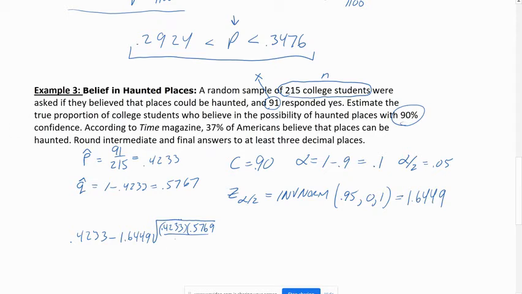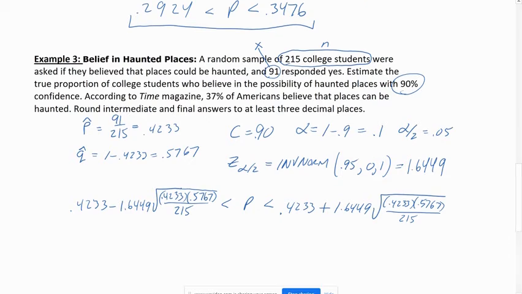N in this case was 215. And then we're going to have the same exact expression over here, 0.4233, except it's now a plus 1.6449, square root of 0.4233 times 0.5767. I wrote 9 on this one, it should have been a 7. And then divided by 215 again. So it's the same exact expression, except one has a minus and one has a plus.